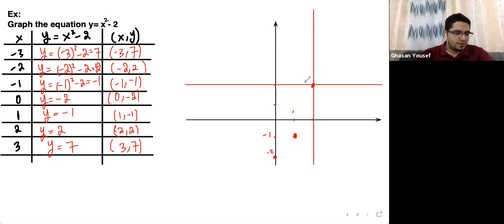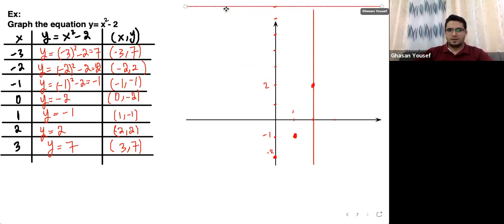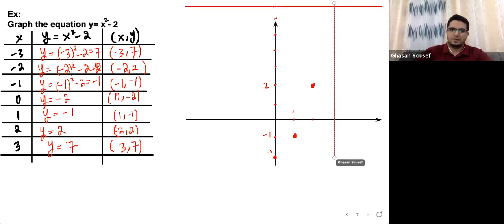I have also 3 and 7. So this is my 3, and 7 is above. Okay, so I have 3 here, 4, 5, 6, and 7. Here is the y, and this is the x. So the graph will be around here.